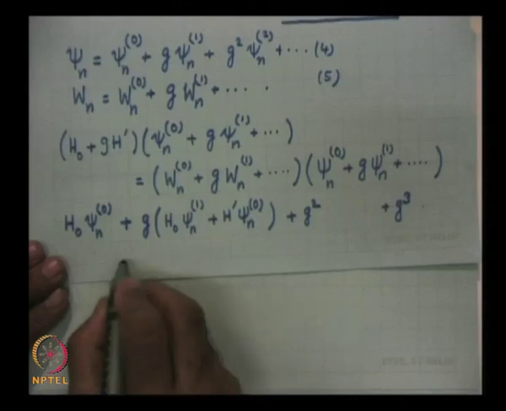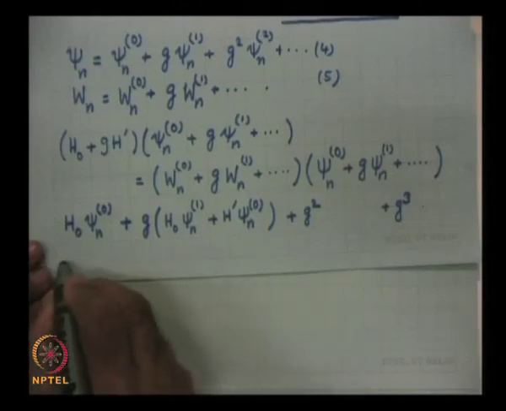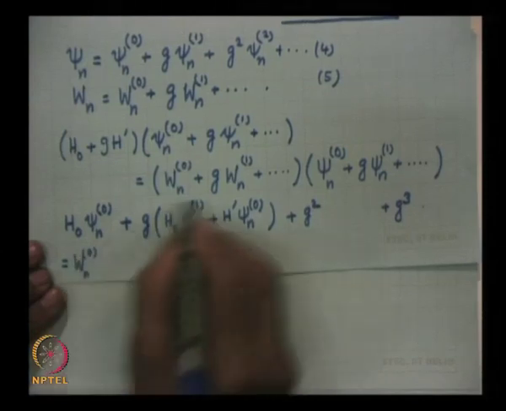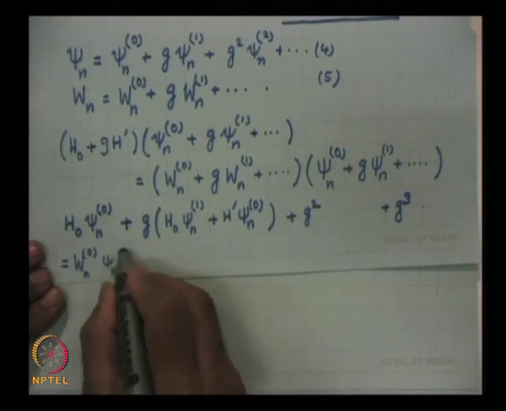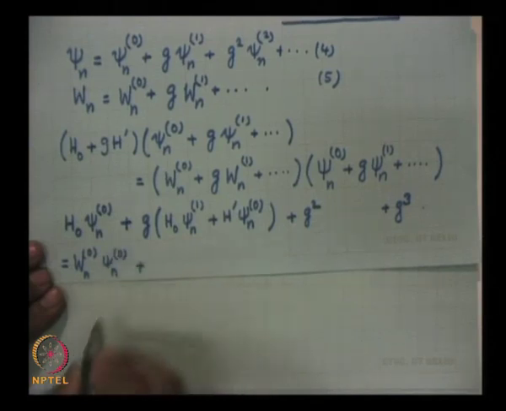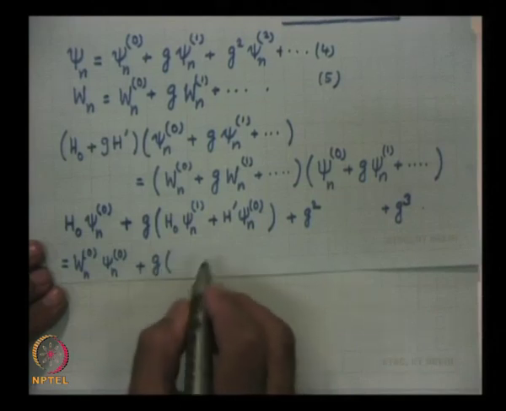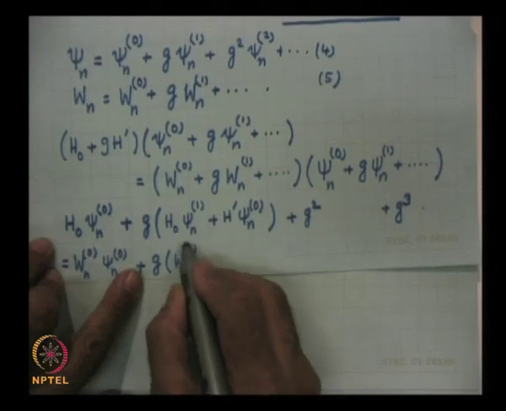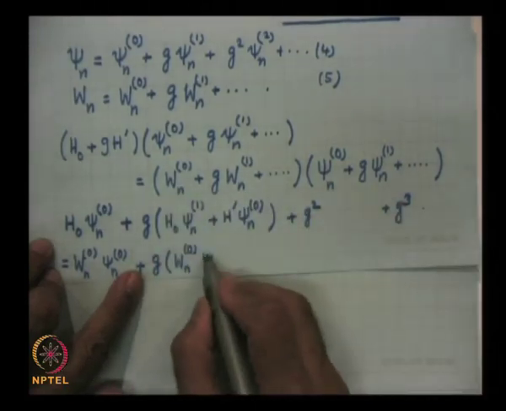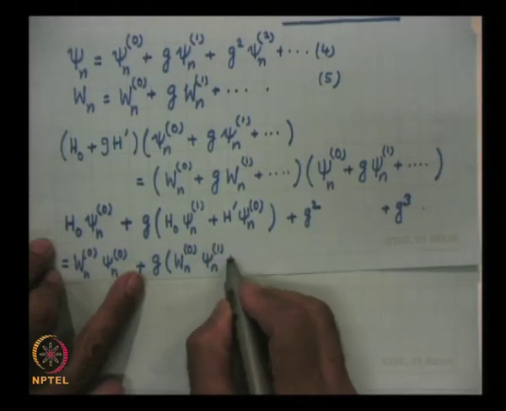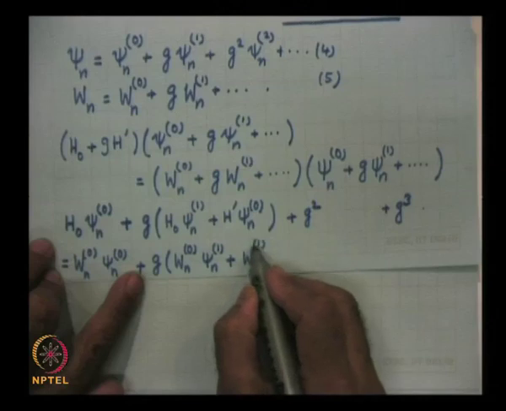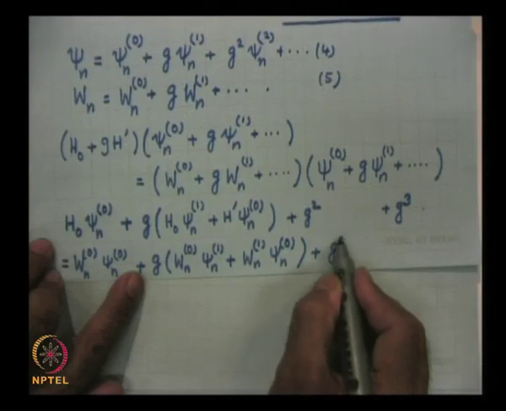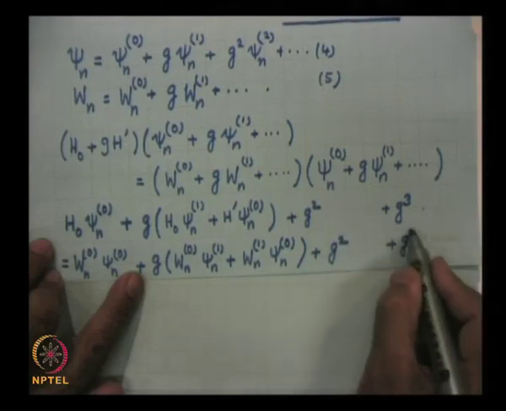This will be equal to W n 0 psi n 0, plus the term which is proportional to g, W n 0 psi n 1 plus W n 1 psi n 0, plus terms proportional to g square plus terms proportional to g cube.